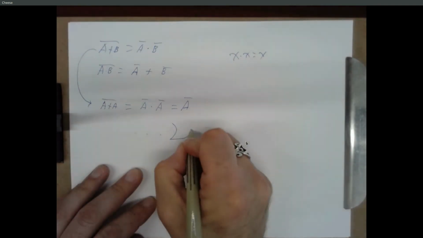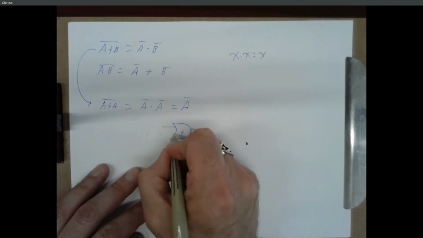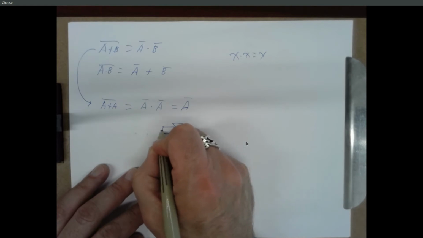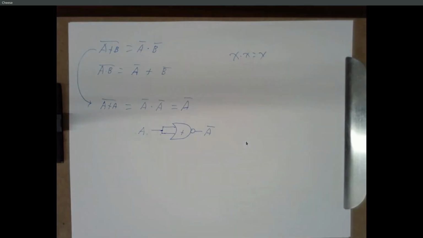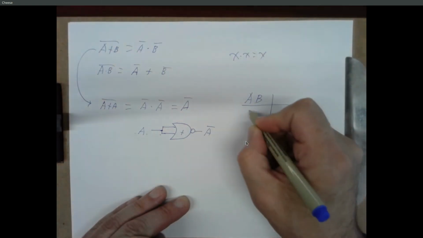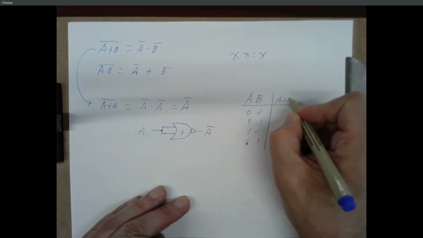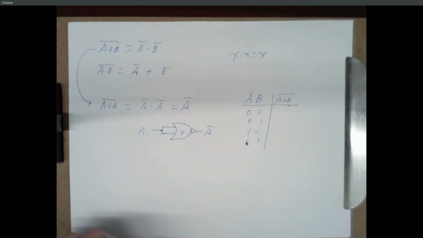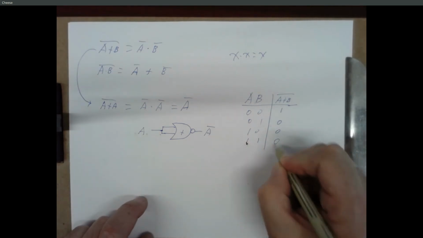So here's a NOR gate. And if we tie the two inputs together and feed A into that, what comes out the other side is the inverse of A. And if we make a truth table for a NOR, an OR is 1 whenever one of these is 1, so a NOR is going to be 1 in this case, and then 0 down here.